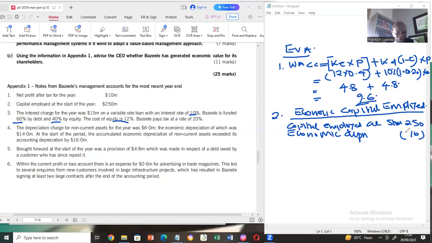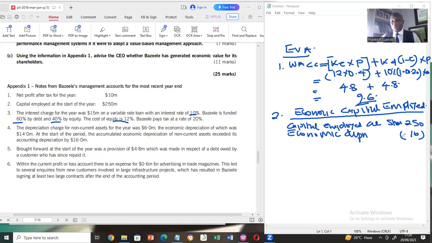Then we go again. Item number 5, brought forward at start of the year was a provision of 4.8, which was made in respect of debt owed. So when you made a provision, this is opening, it was the closing, it reduced the capital at start, which is the accounting capital employed.